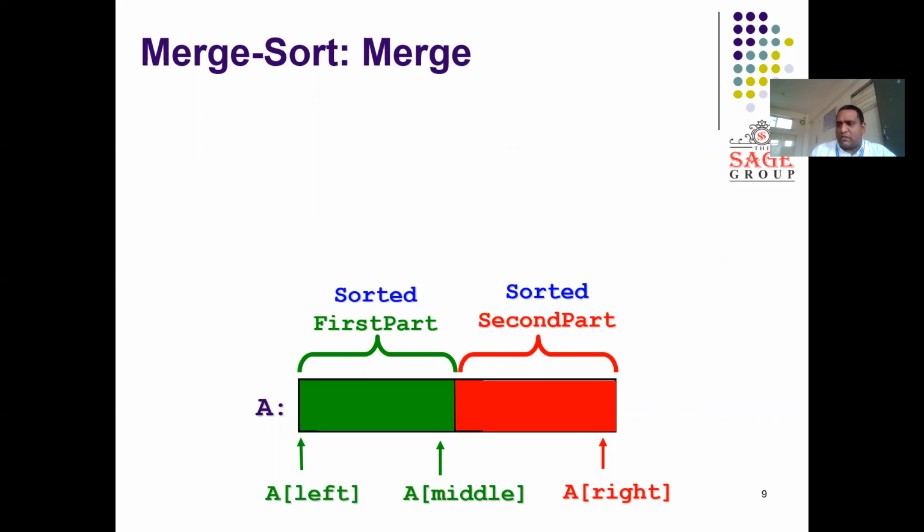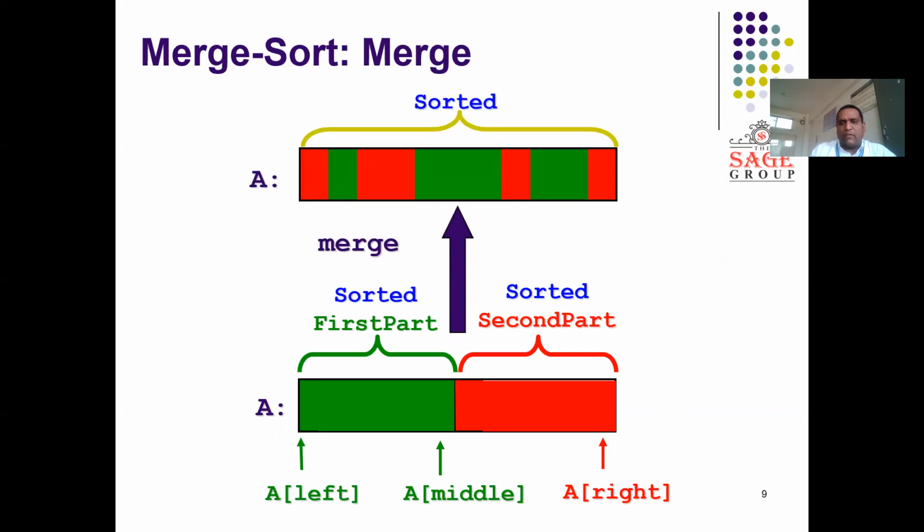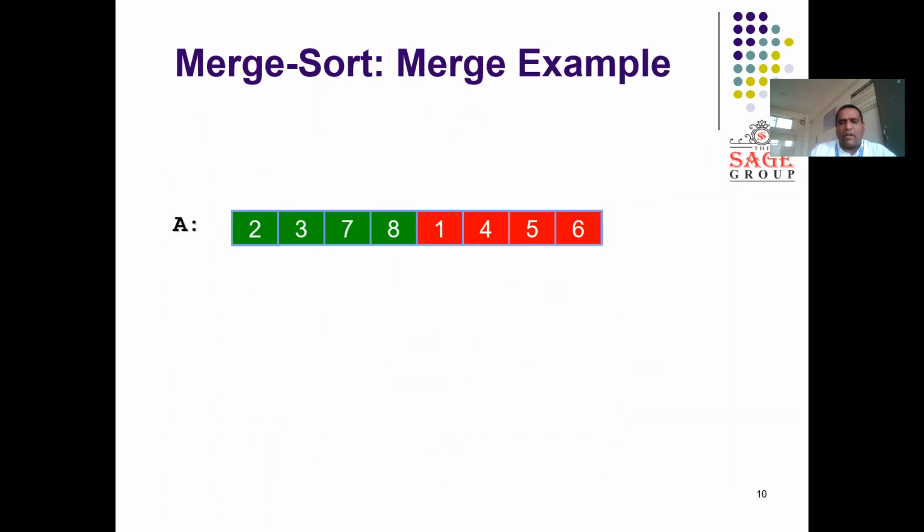If I have two sorted lists here, indicated by different colors, green represents the first sorted list and red represents the second sorted list. What is the meaning of merging? When I have a combined list of both colors, red and green, it indicates that a sorted list is there. We are taking one example here.